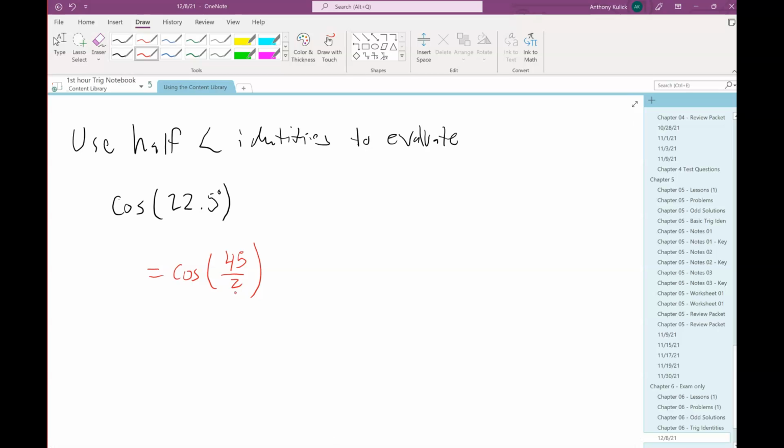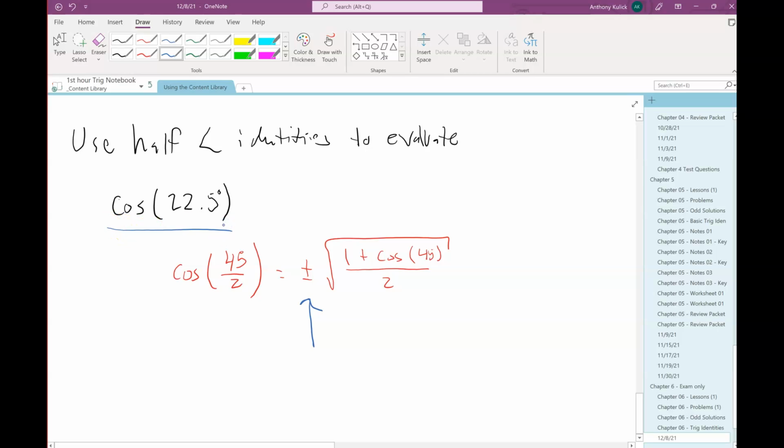Now, when I look at the half angle identity for cosine, it gives me a plus or minus. We're going to figure out right now whether this should be plus or minus.